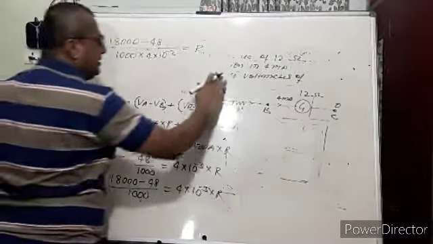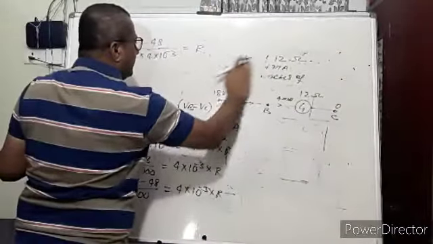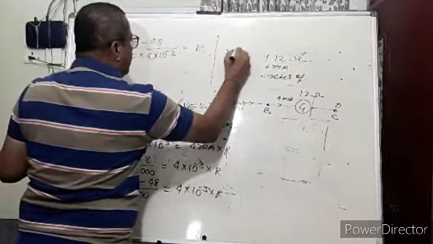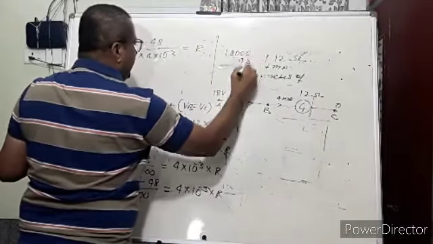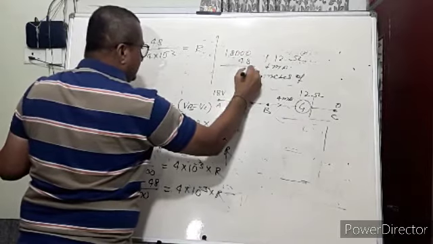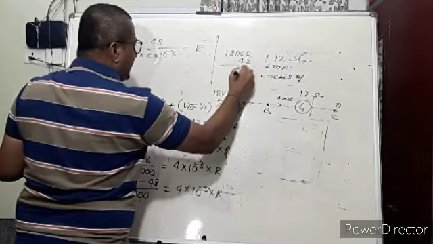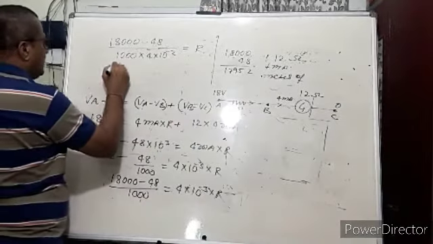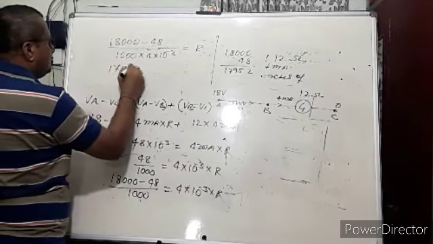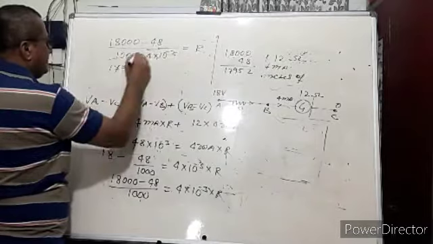18,000 minus 48 is 17952. This will be cancelled.